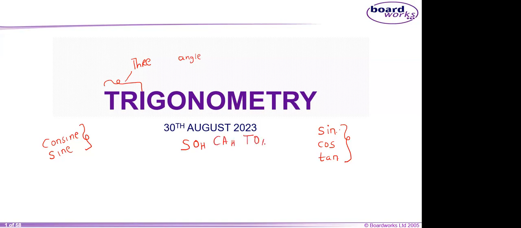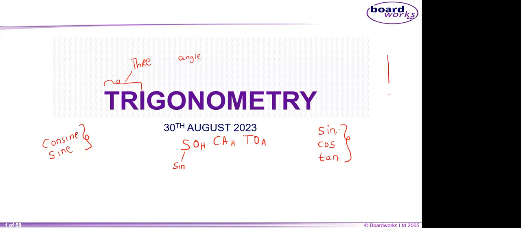SOH CAH TOA. Those who have not covered trigonometry at all, this is the acronym we can use to remember the three. S stands for the sine, and it shows us the relation between the different sides of a triangle.